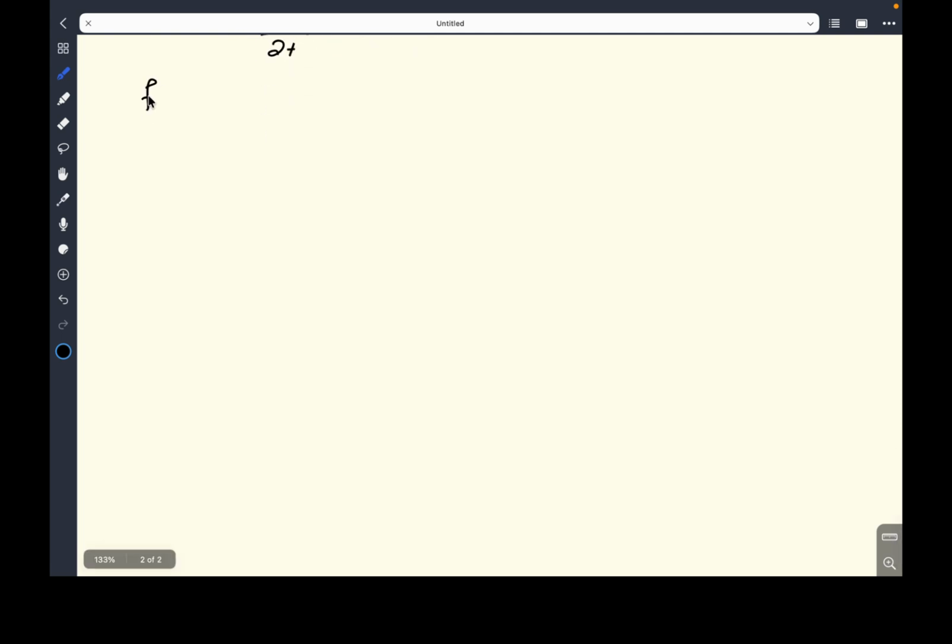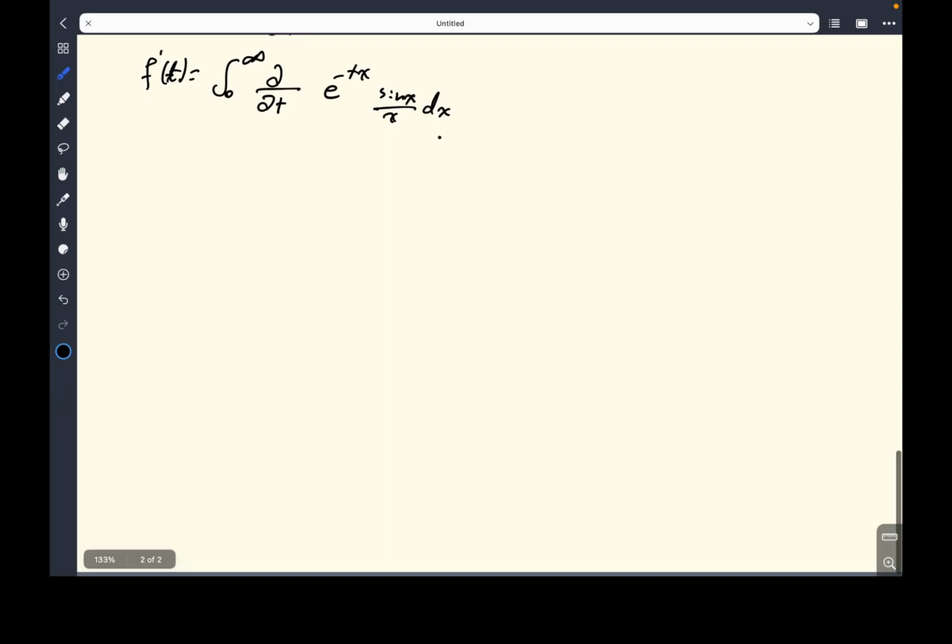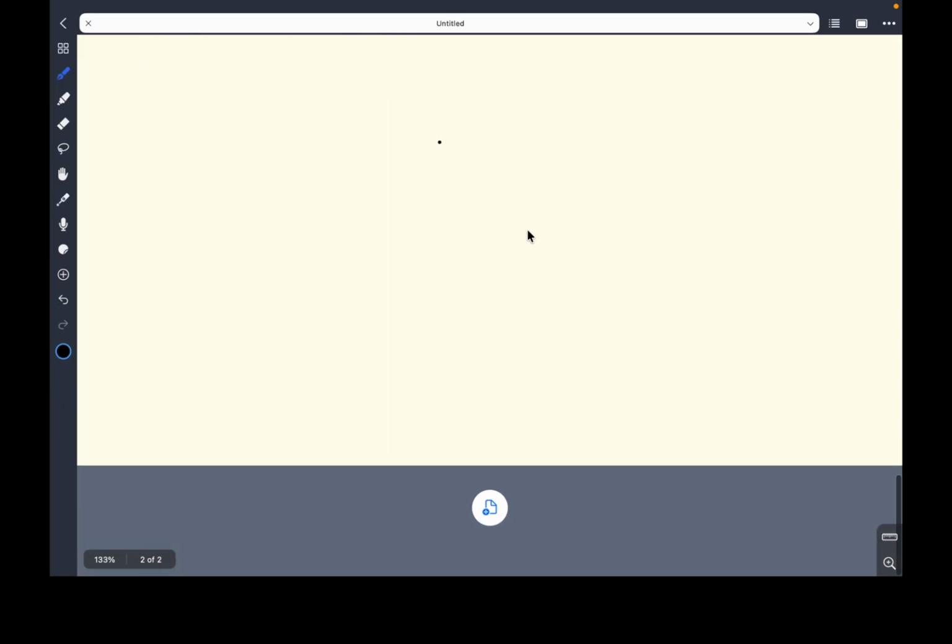So my f prime of t is going to be the integral from 0 to infinity of partial t of e to the negative tx sine x over x dx.